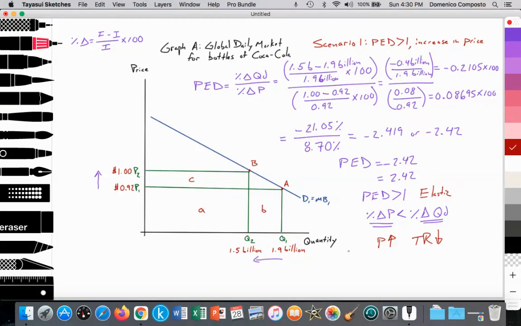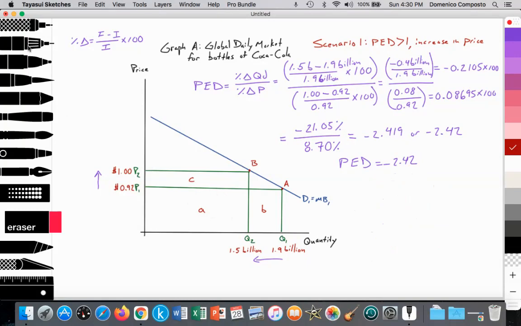All right, so we can now calculate total revenue and see whether or not total revenue has fallen. So total revenue 1 is equal to price 1 times quantity 1, which is equal to the areas of A plus B. We can add in the data, that is 0.92 multiplied by 1.9 billion.